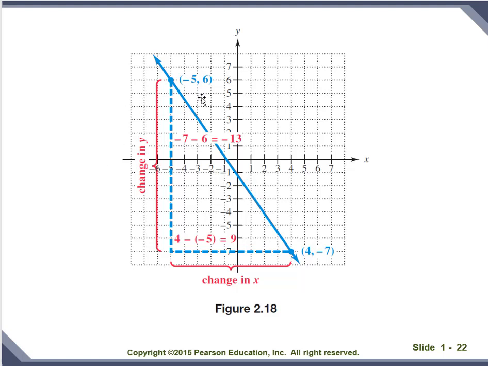So here we have y values of 6 and -7, and we have x values of -5 and 4. So -7 minus 6 is -13. 4 minus -5 is +9. So our slope is -13/9 for this particular graph.